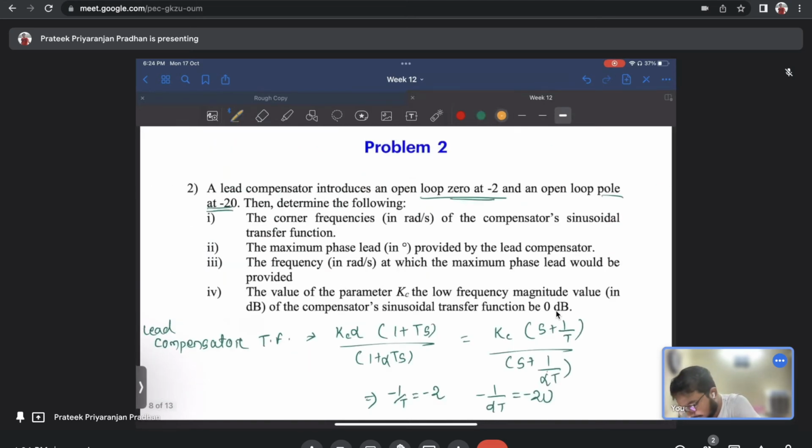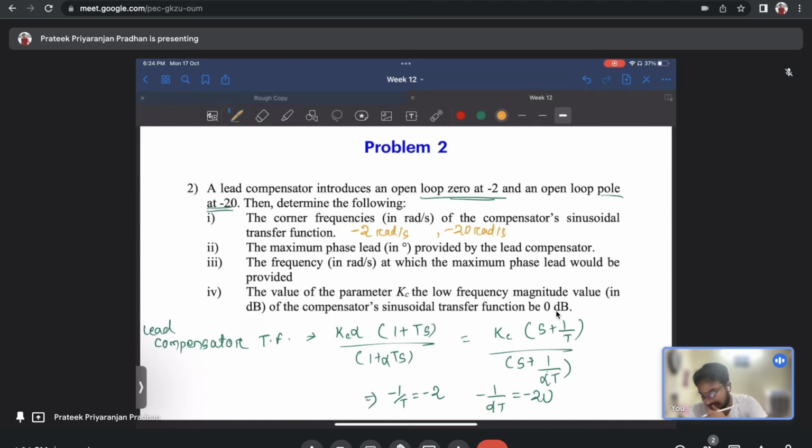Then what is asked? The corner frequencies of the compensator. We know the zero location and the pole location, so it's that straightforward. The corner frequencies are at 2 radian per second and 20 radian per second, directly given in the question.